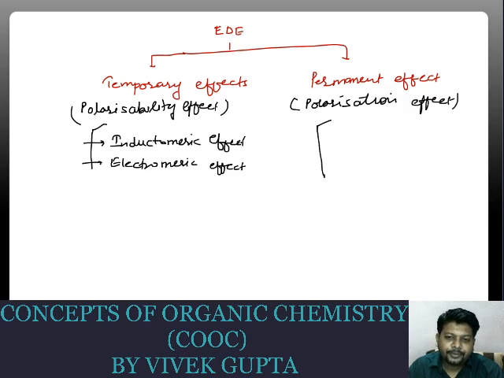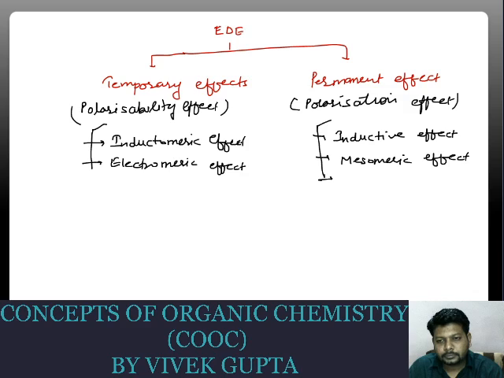In permanent effect, there are three effects which are studied. First, the inductive effect, then the mesomeric effect, and the third is hyperconjugation.